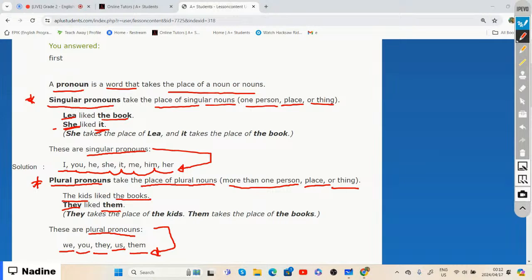They refer to more than one person, more than one place, more than one thing. We call them singular pronouns and plural pronouns. And once again, a pronoun is a word that takes the place of a noun or of nouns.